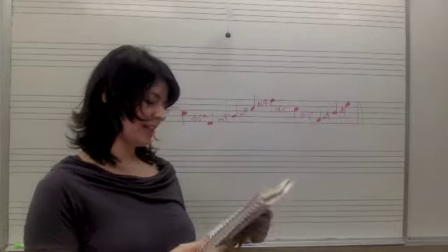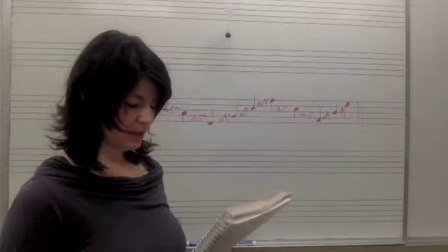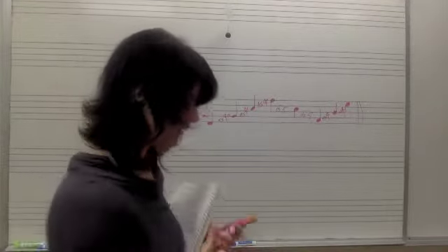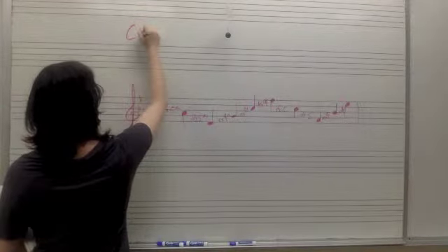Now there's a specific kind of circle progression that we use. So this is called a circle progression.